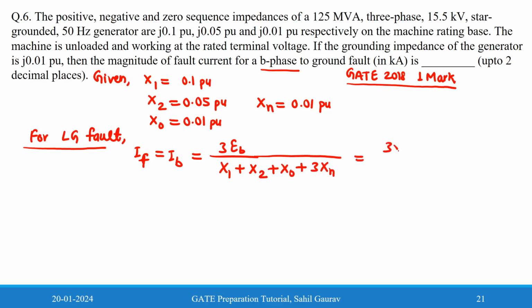So 3 into 1 at the angle of 0 divided by j0.1 plus 0.05 plus X0 is j0.01 plus 3XN, so 0.03.